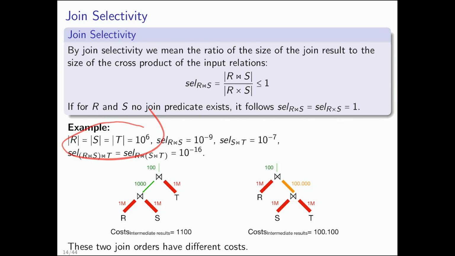I have different join selectivities expressed here, and with that I can do the cost estimate. If I know that this join will produce 1,000 tuples, then I can use those 1,000 tuples to compute the result for that intermediate results cost model. If I know the selectivity. If I don't know that selectivity, I can't evaluate that.